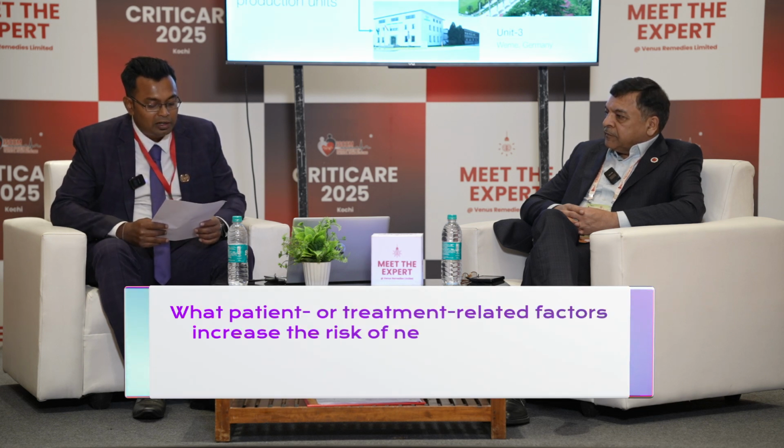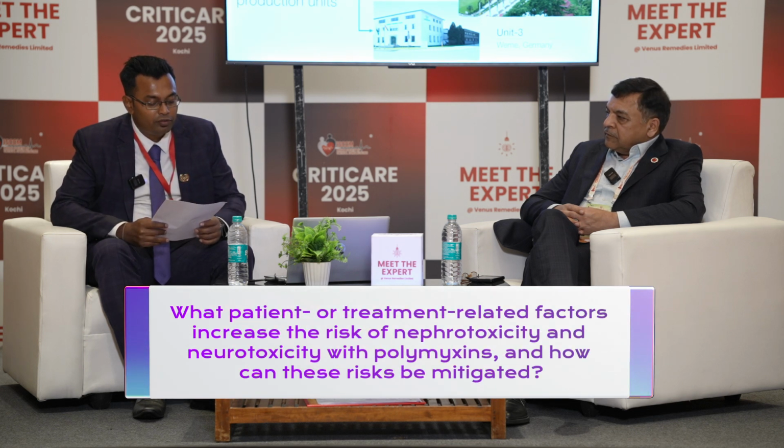Okay, sir. And regarding the risk factors, what patient and treatment related factors increase the risk of nephrotoxicity and neurotoxicity with polymyxins, and how can these risk factors be mitigated? If we talk about risk factors, we can broadly divide them into two types: patient related risk factors and disease related risk factors.